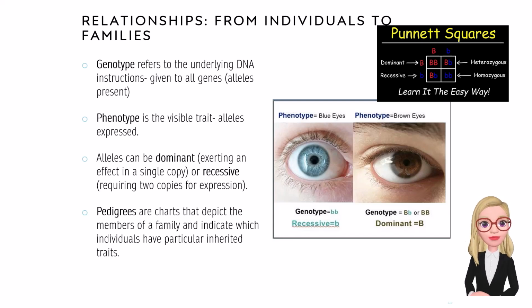What is considered dominant? What is considered recessive? We've talked about pedigrees already too, and genotypes and phenotypes. There are definitions there. And how do we look at the likelihood that someone will have a certain condition or a certain genotype or phenotype?